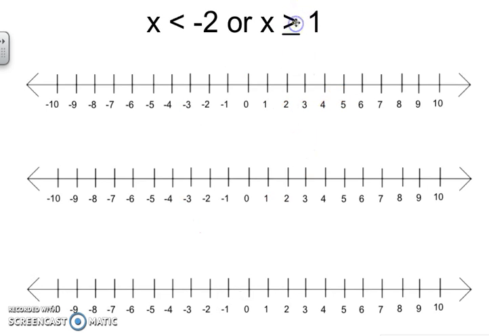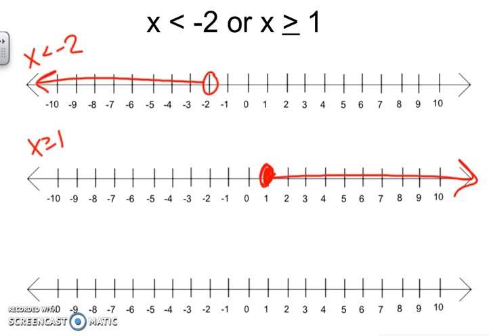I need to see when x is less than -2 or greater than 1. So I am going to first graph this one, and then graph x is greater than 1 on this line, and then look at the combination in a second. So when is x less than -2? There's -2 going to the left, and then I want it to be greater than 1, so it can be equal to 1, and going this way.